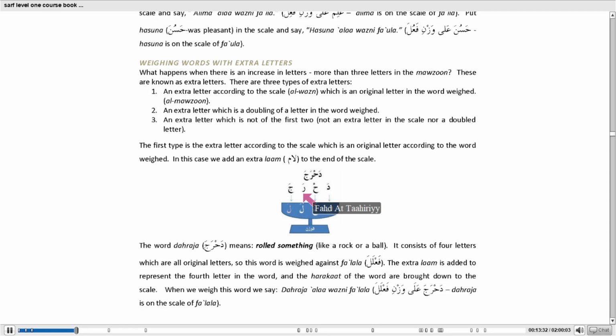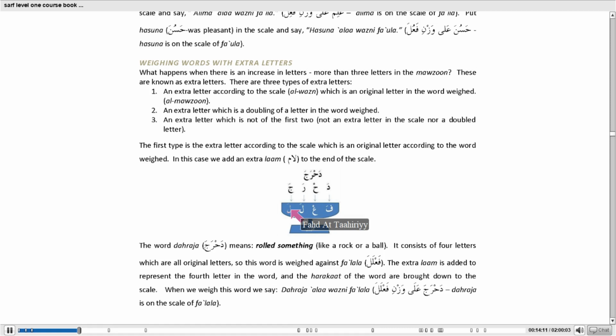Now, when we want to place the jim, we don't find a place for it, because the scale originally consists of 3 letters. The jim is an original letter in the word weighed, but to the scale, it's an extra letter.